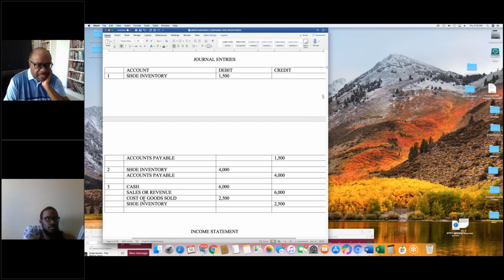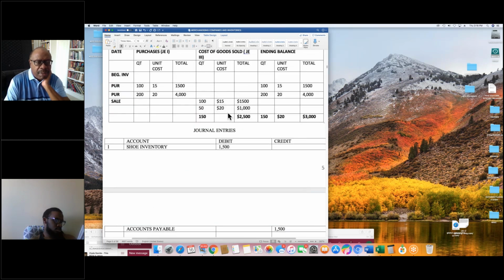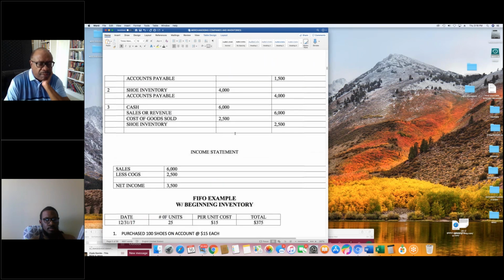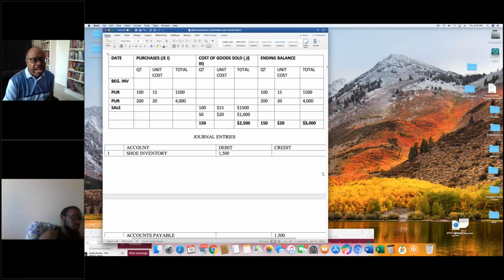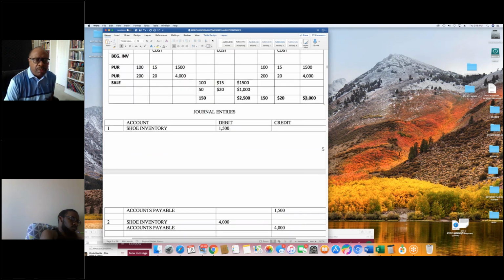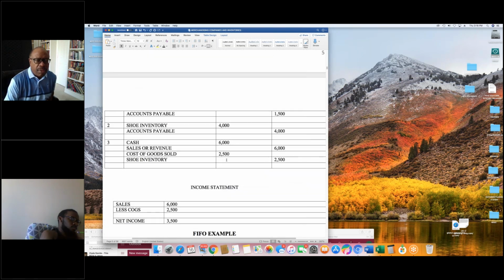Now we need to make that second journal entry, debit cost of goods sold and credit inventory. We'll come right up here, see what our number is, and drag that down to that journal entry. The purpose of this chart is, when we have multiple layers of shoes, to give us the amount for the second journal entry.